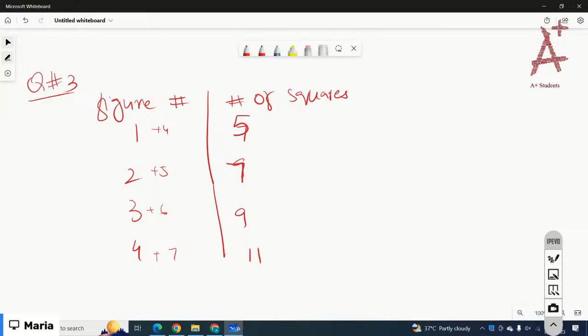So you have to write down the mathematical expression. Like they're increasing by 1 every time and they're increasing by 2 every time, right? Hold on.